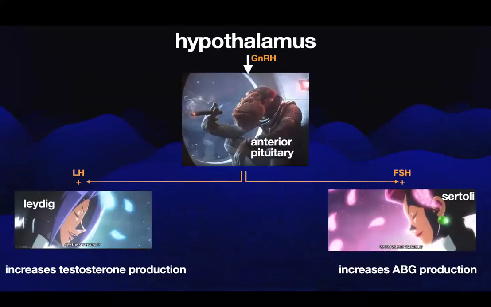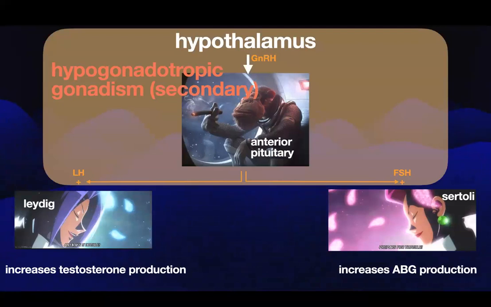Again, resuming back to the very familiar axis now, looking at this diagram, this is how it works. If the problem is at the level of the hypothalamus, or at the level of the brain, the anterior pituitary, we call this hypogonadotropic.